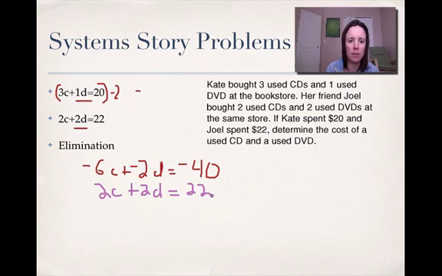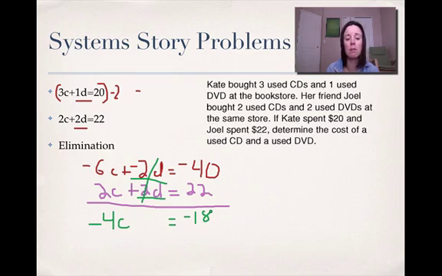All right, so let's add these 2 together. I'm going to do a quick check, just make sure that when I add them, I've got a -2d, +2d, yep, that eliminates perfect. So -6c plus 2c will give me a -4c, and then -40 plus 22, that'll give me a -18. All right, so it looks like we're going to have some decimals, but that makes sense because we're talking about money.